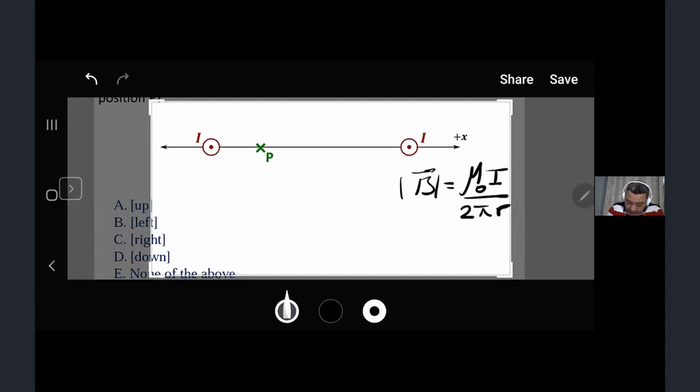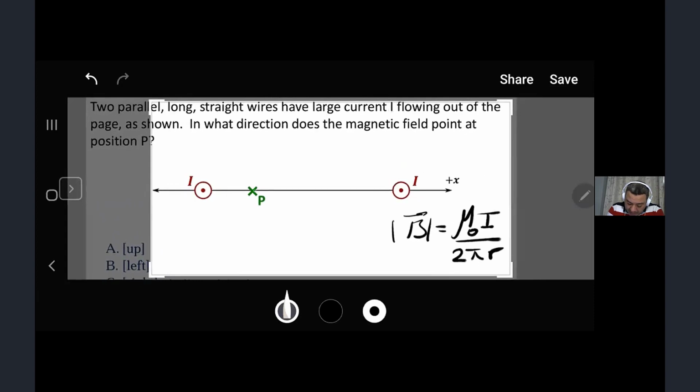Right now, if I am to evaluate the magnetic field right at this point P, we have equal currents in the same direction, but just to make sure that I understand, let me call this one wire A, and this one wire B. If I evaluate the magnetic field generated by wire A, then based on the right hand rule, with the current going out of the screen, the magnetic field will be counterclockwise.